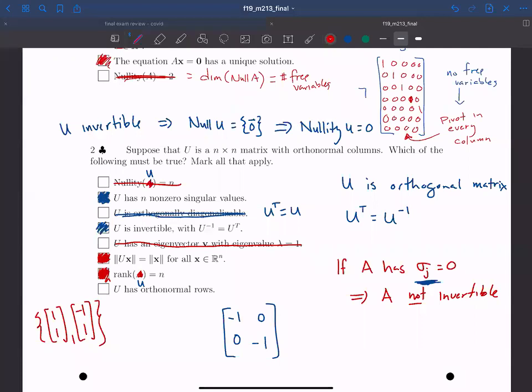So this is true, and it's a fact from a theorem that we saw. If a matrix U is orthogonal, we already know it has to have orthonormal columns. That's kind of like the definition. But what's maybe less obvious is that it also has to have orthonormal rows. If you make the columns orthonormal, then the rows will be orthonormal automatically.